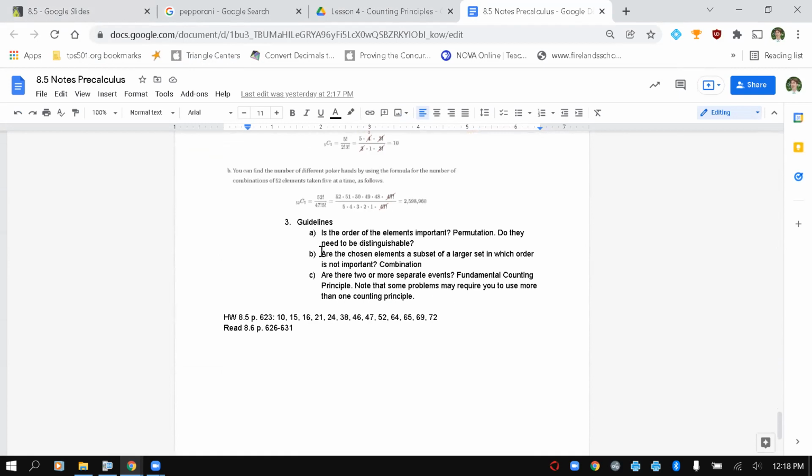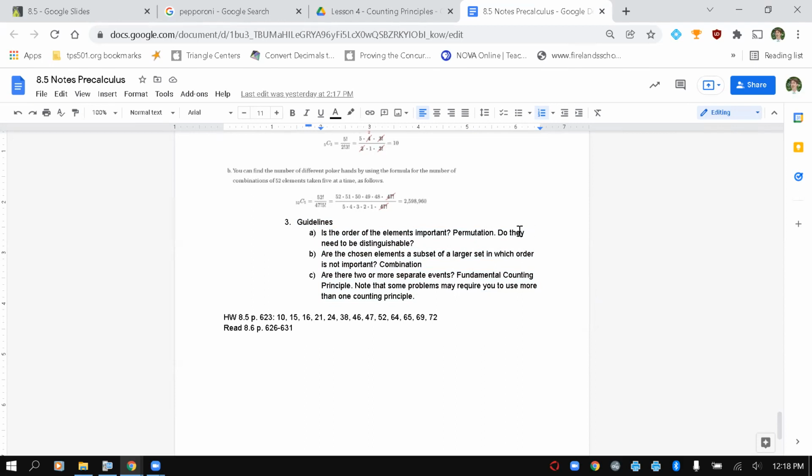Insane. I was supposed to put these guidelines on there and I forgot. So here are your guidelines that will help you do the homework. When you are asking how to count something, you should ask yourself the following questions. First, does the order matter? If the answer is yes, a different order is a different result, then you need to do a permutation, nPr.